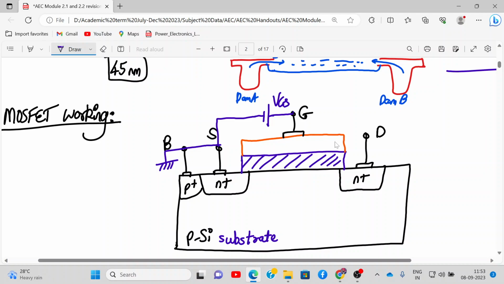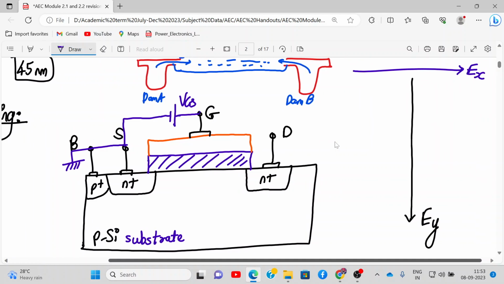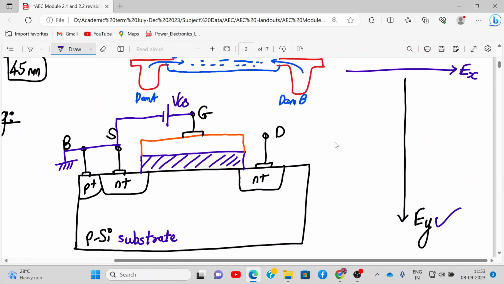Whenever I apply this voltage VGS, which electric field will be responsible? EY. This electric field will be responsible for pulling the minority carrier electrons near the surface. As I increase the value of VGS, these electrons will go on depositing over here, means they will start accumulating near the surface. So this EY is responsible for VGS voltage.